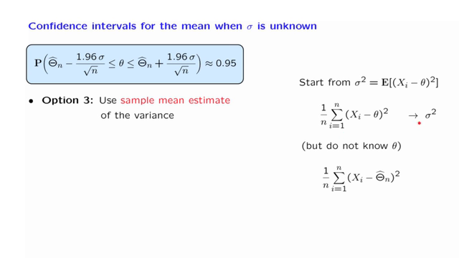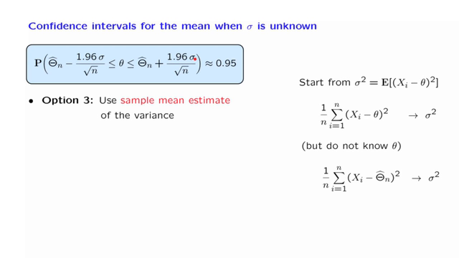Now, this expression converges to sigma squared, and we conclude from this that this expression will also converge to sigma squared. And so here we have a way of estimating sigma squared from the data, and by taking the square root, we obtain an estimate of sigma as well that we can plug in this expression.